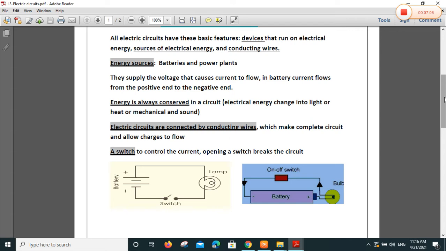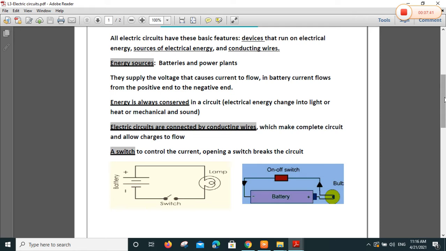Number two, electrical circuits are connected by conducting wire, a conductor material, which makes a complete circuit and allows charges to flow. And we also have a switch to control current flow. Switch on, the current flows.